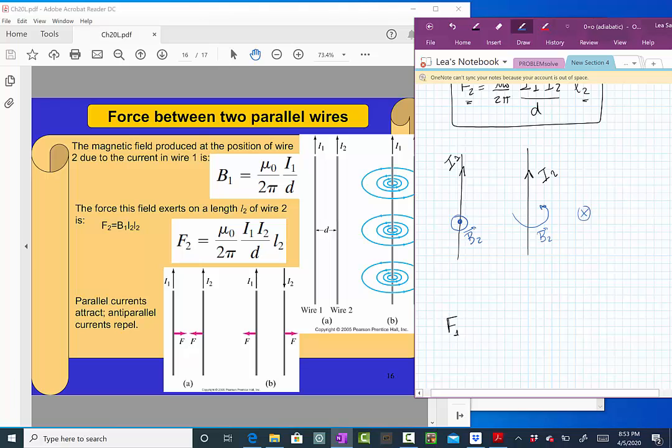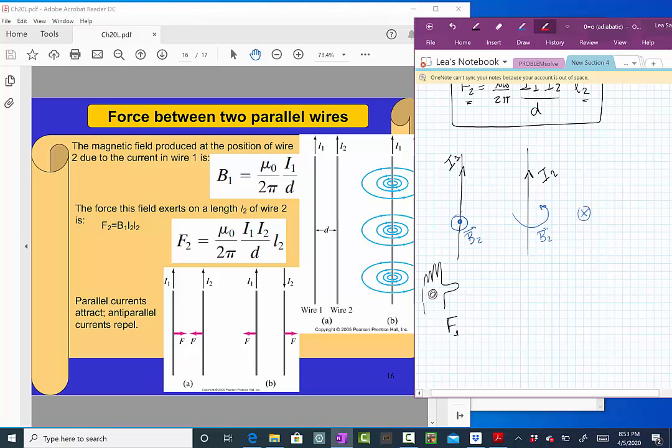Now we are going to use the second right-hand rule to find the force on wire 1. How do we get this force? Four fingers going up. Where is the palm? The palm is facing out of the page, because B2 is coming out of the page. So my thumb is to the right.